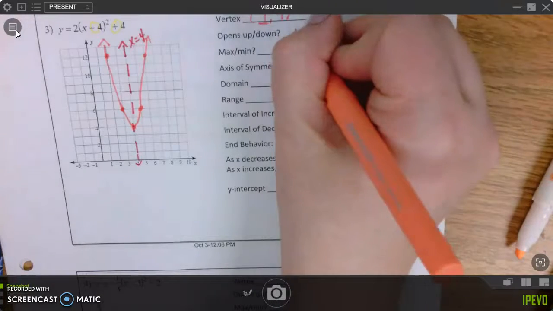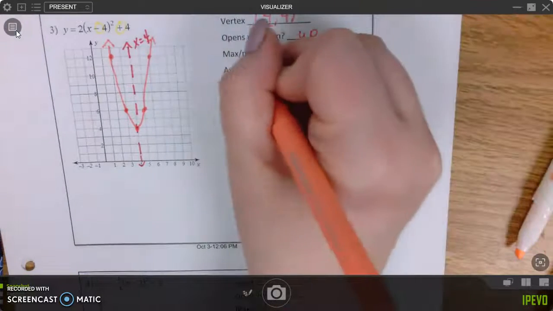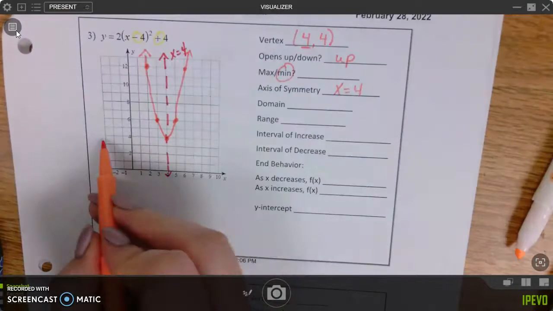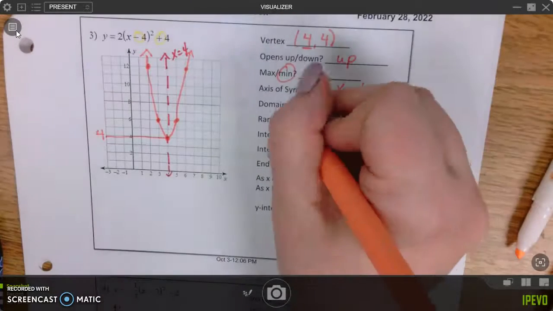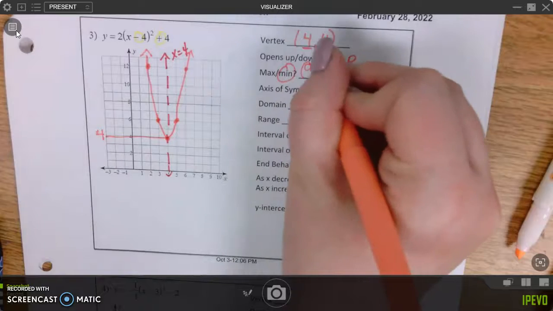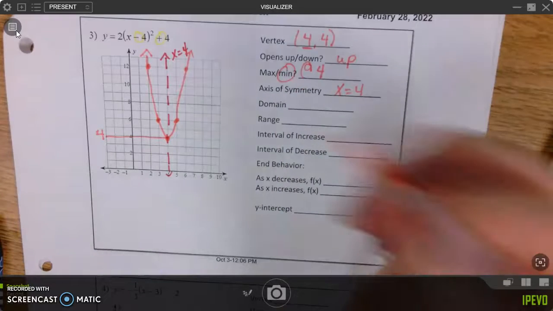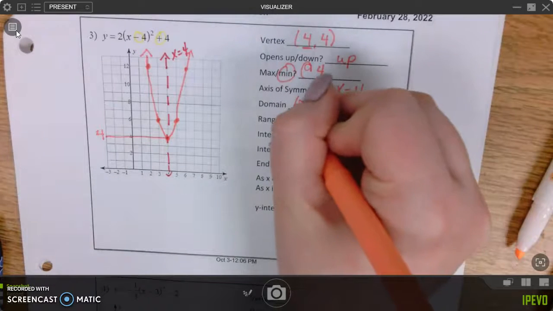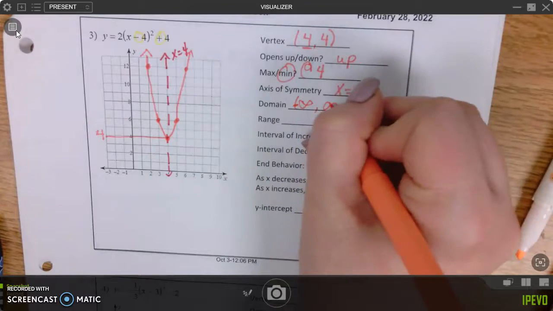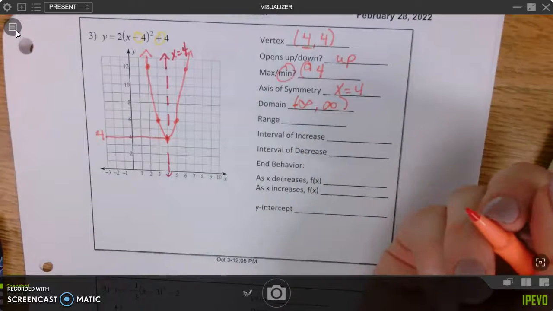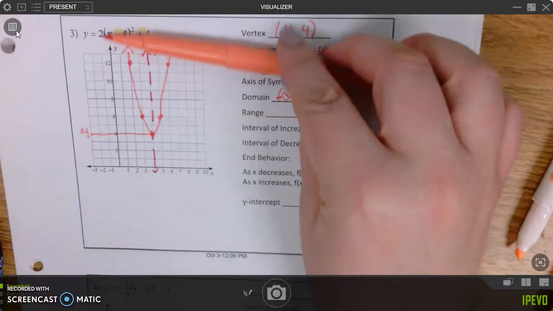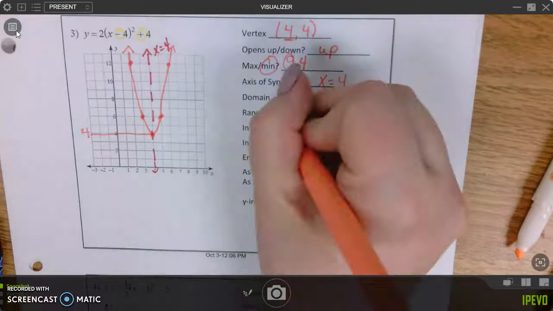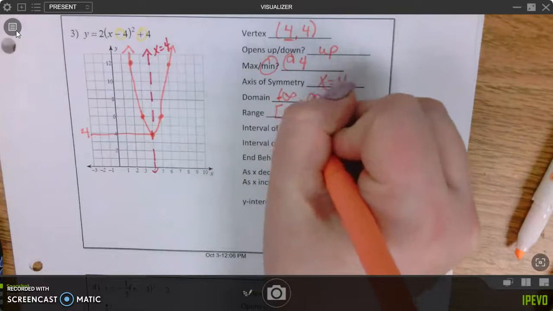It opens up. It's got a minimum. That minimum is your y value here, which is at 4. Your domain, don't miss this question, it's negative infinity to positive infinity. And then your range, or your y values, are going to start at 4 and go up. So your range is 4 to infinity.